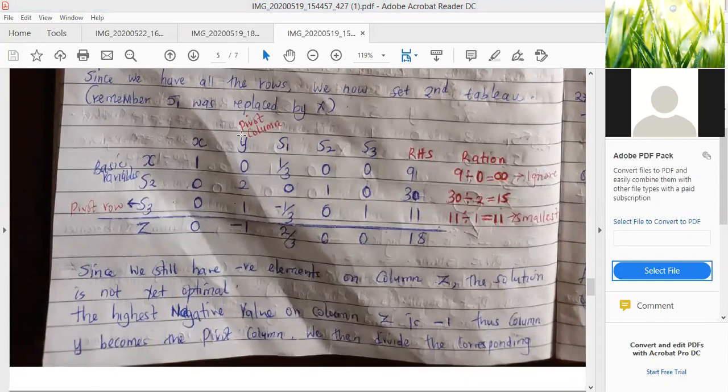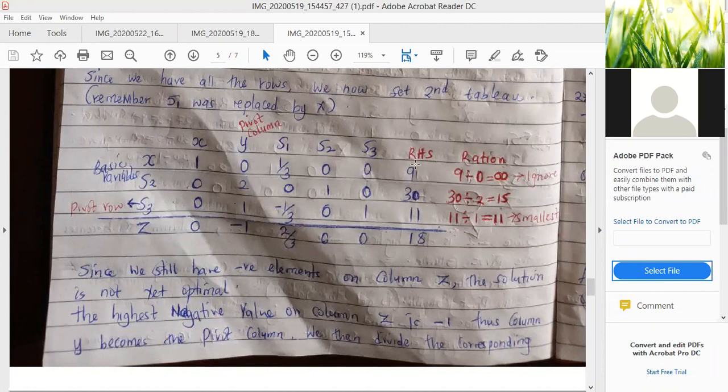The pivot column will help us to pick the elements corresponding to that column to divide every right-hand side variable by those corresponding elements in the pivot column to be able to come up with the smallest ratio, which will give us the pivot law.